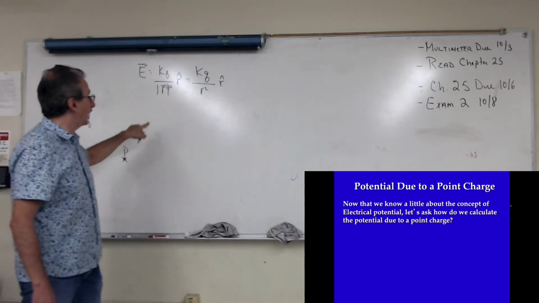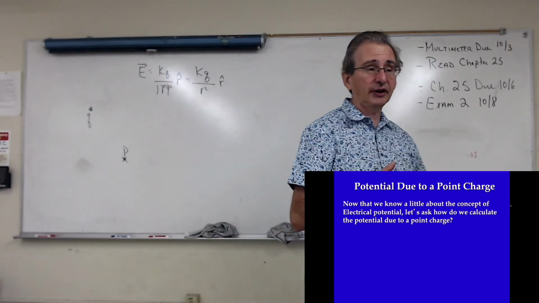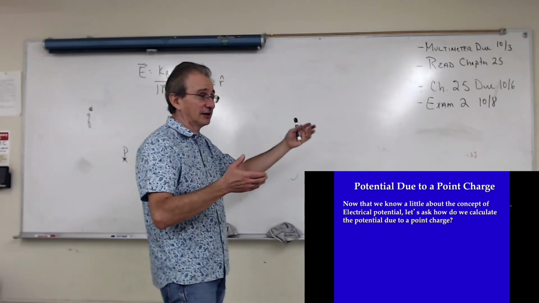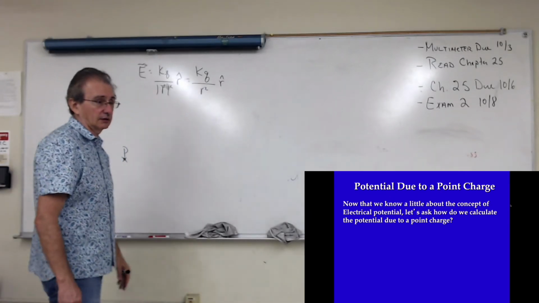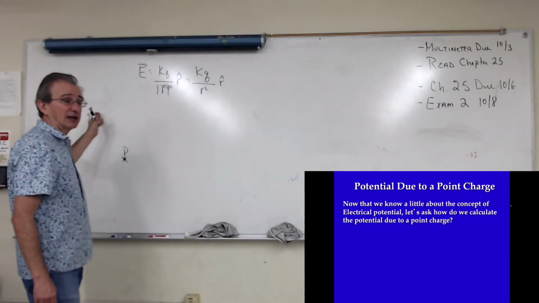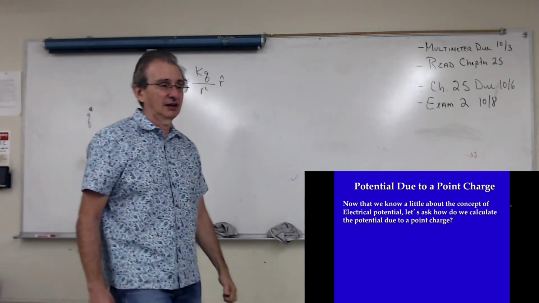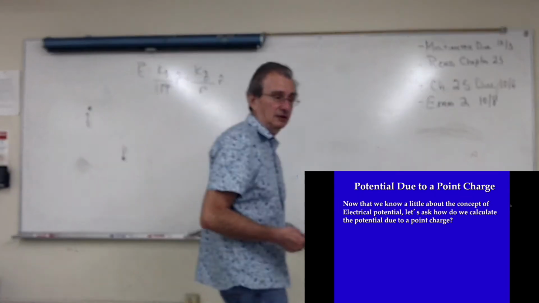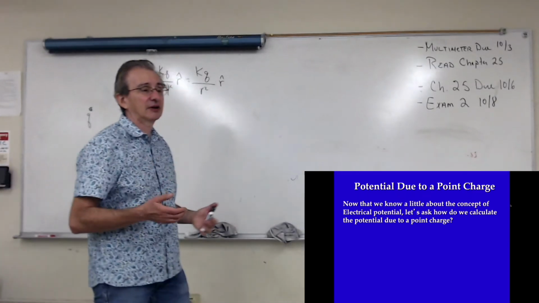Because we know that if you have an electric field, V changes in space, because I showed you earlier that E is minus delta V over d. So when I put a charge in space, we have an electric potential that varies. In fact, we have an electric potential gradient that varies over space. Let's figure out how to calculate this.